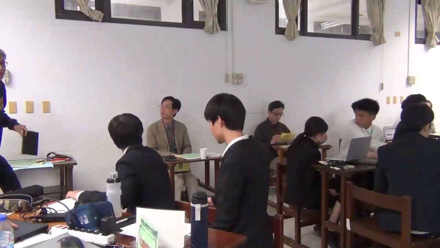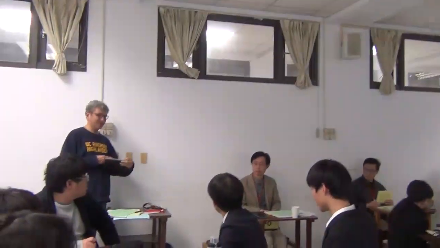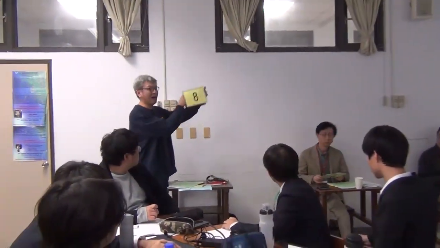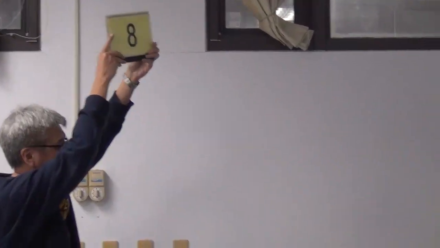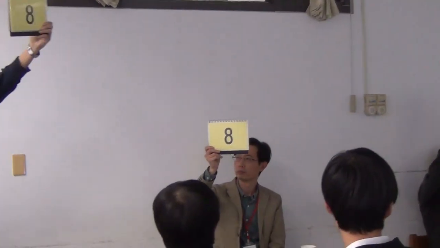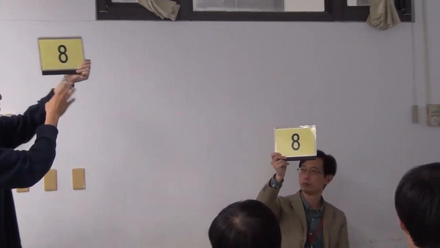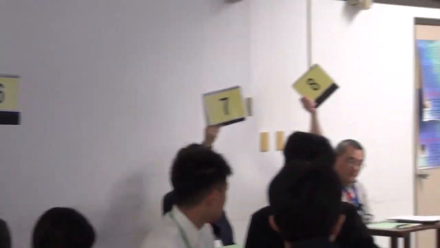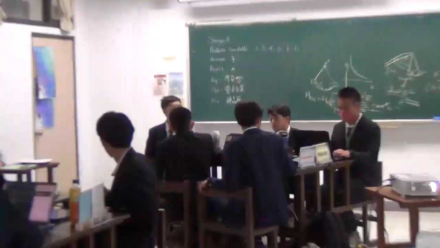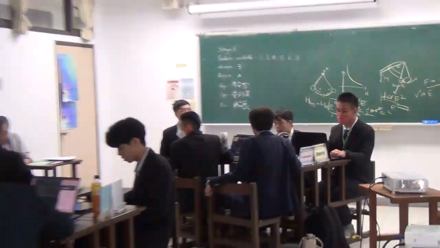So I guess we are all ready. Okay. So let me show mine. So please show the scoreboard. Here what I would say: 8, 8, 6, 7, 8. Okay. Now we move to the opponent.